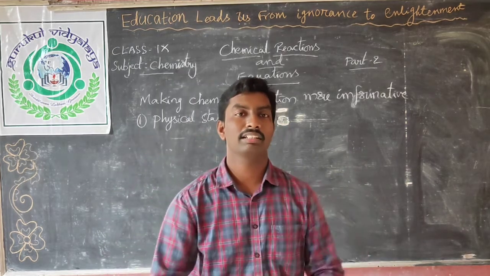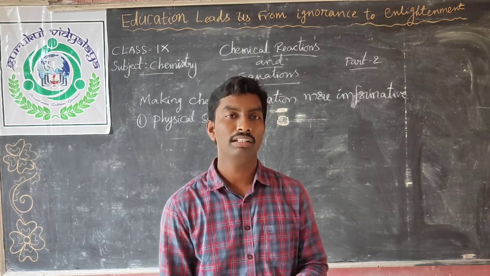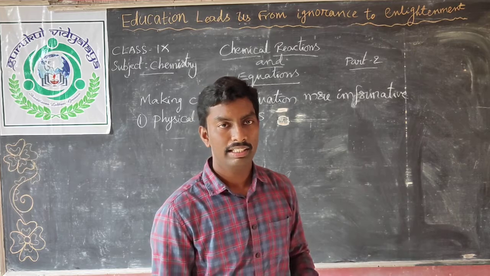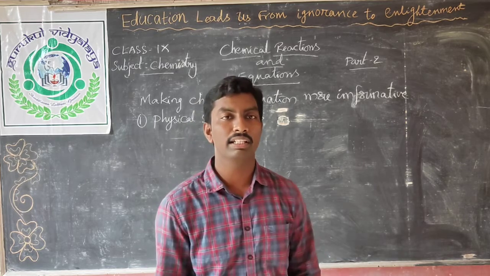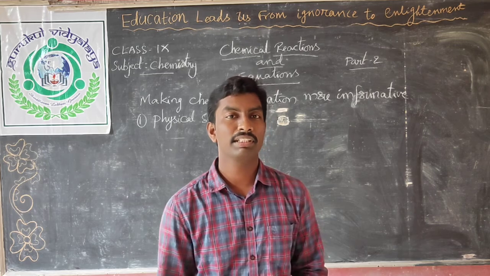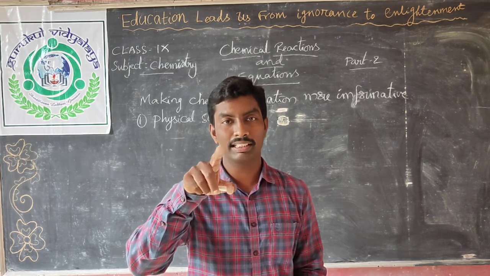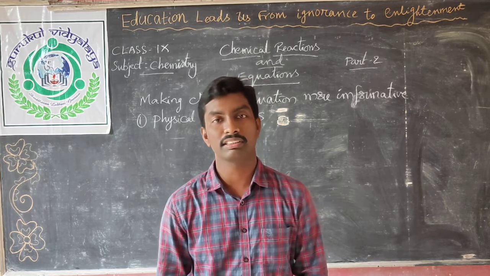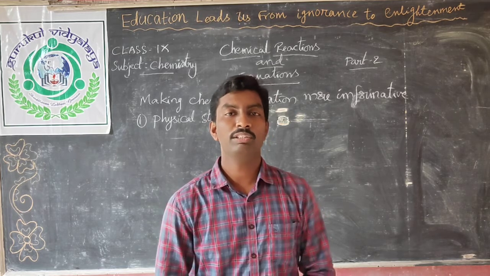Besides the chemical formula, if you write S, it indicates that it is a solid. In the same way, if it is a liquid, we use the letter L. If it is a gas, we represent it using the letter G. Suppose it is an aqueous solution, how can you express that?